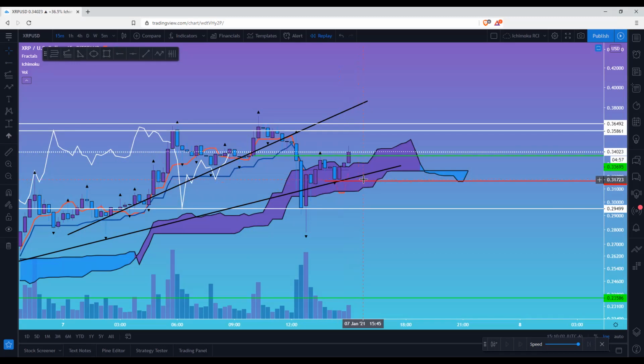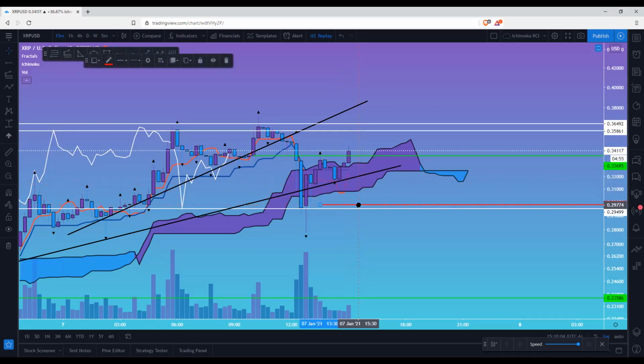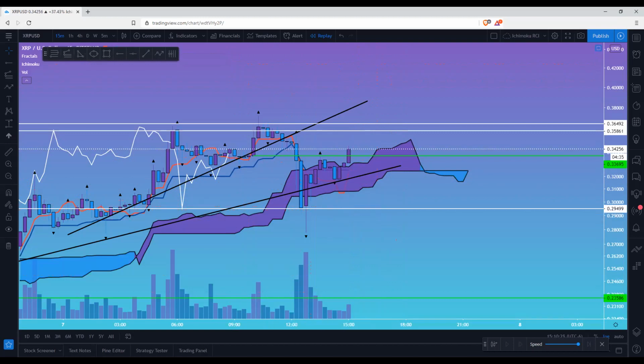The smaller the lot size, you might want to keep it lower. If you're using a micro lot size, yeah, you can put it down here. But if you're using a standard, no, you want to keep it right up here and hope it goes your way. Stop losses are subjective. It's based off the person and what you're risking.